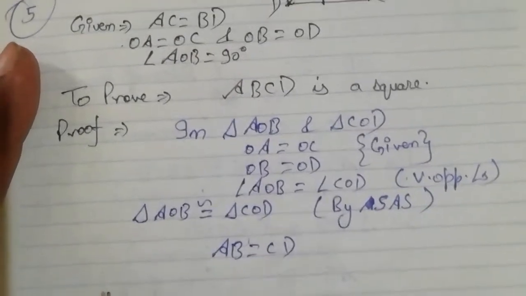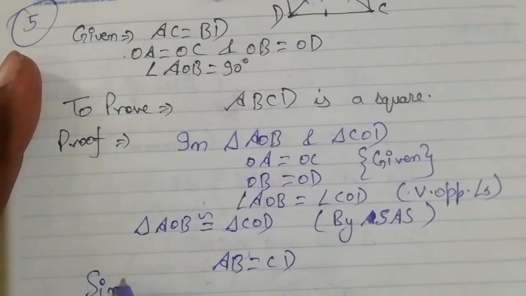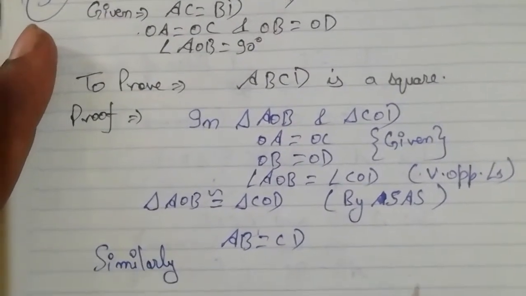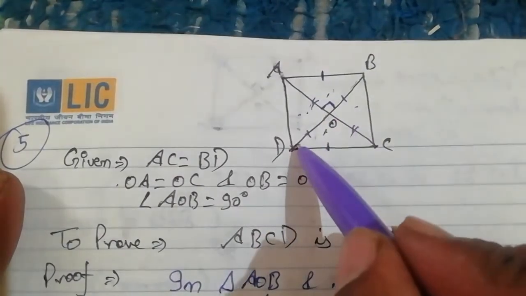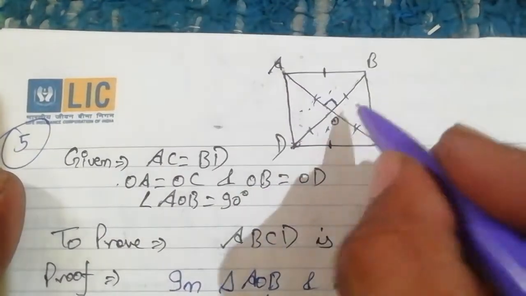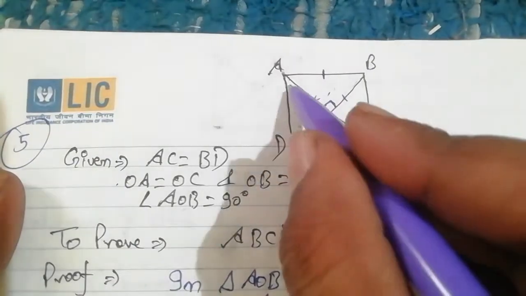Similarly, in these two triangles OB is equal to OD and OA is equal to OC, also angle BOC is equal to angle AOD.